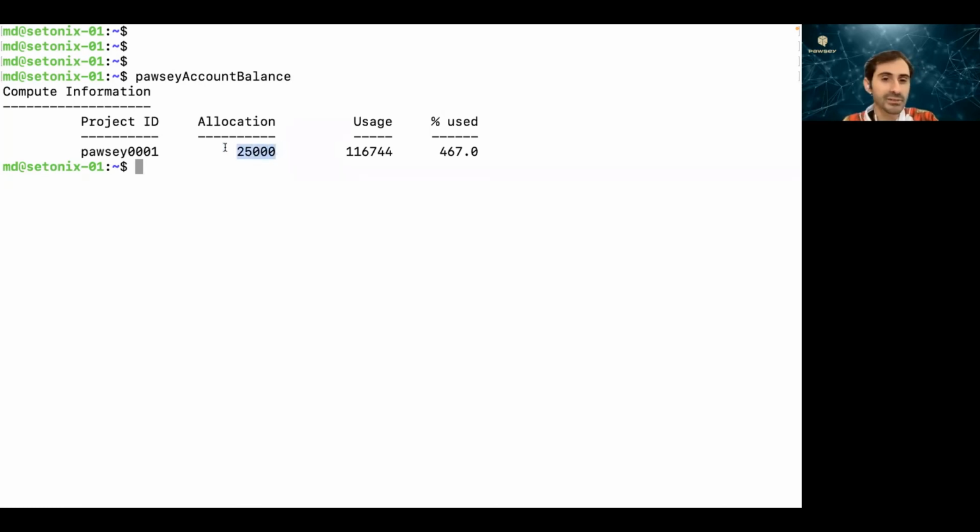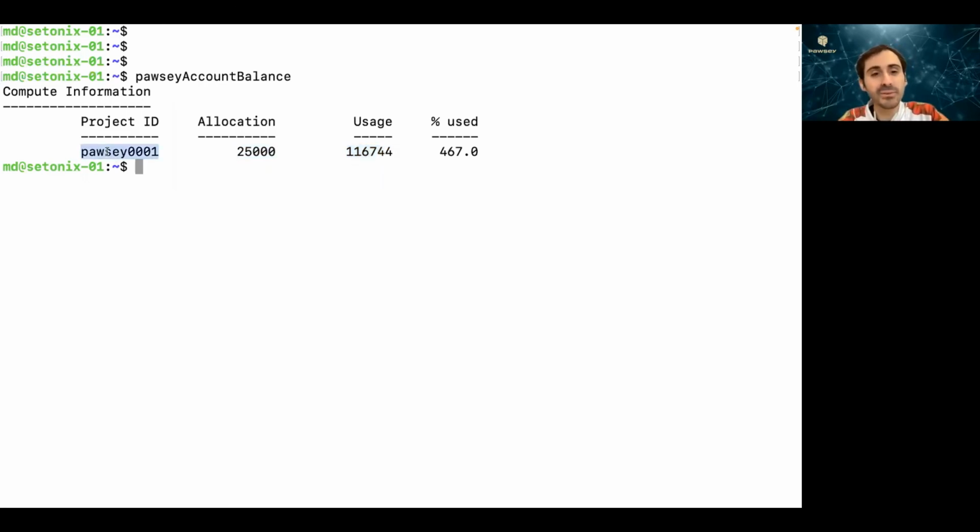We have a tiny allocation. This is a quarter allocation, so 25,000 service units per quarter, for a total of 100,000 per year. We have a tiny allocation here as Pawsey staff by default, and you see that the usage is slightly over. We didn't manage too well in this quarter, but that's kind of the point anyway.